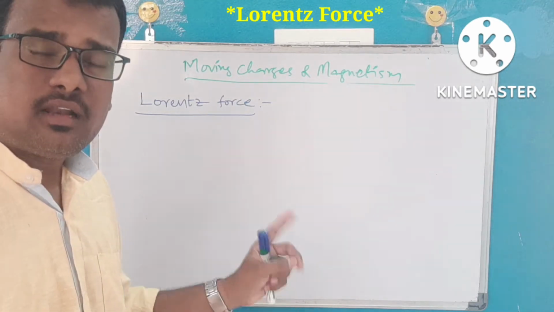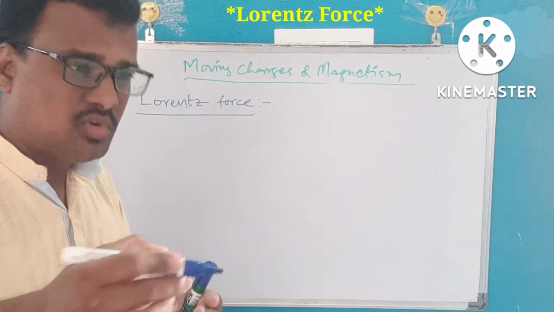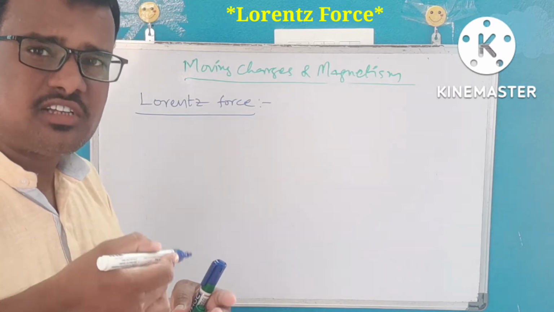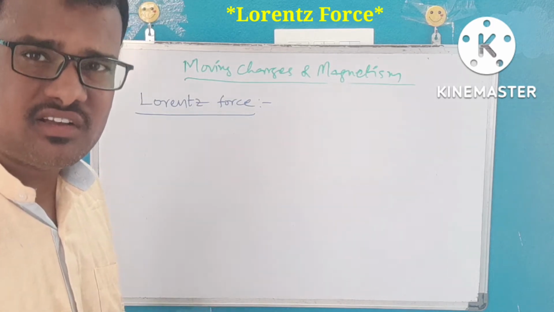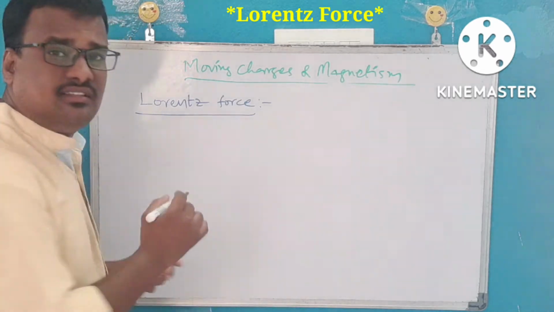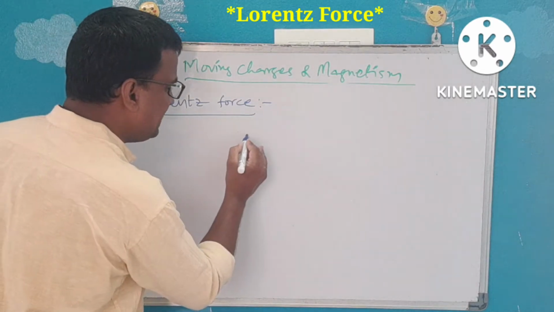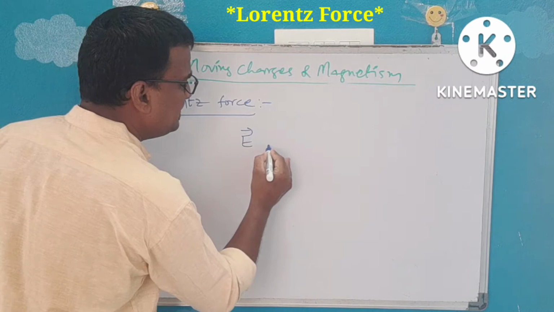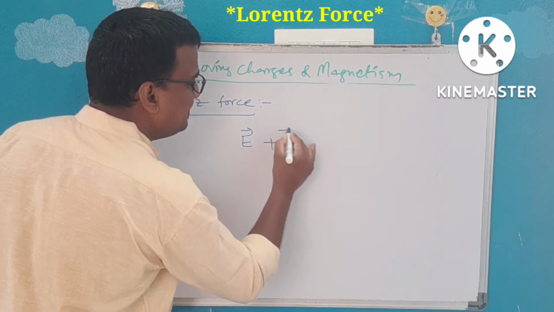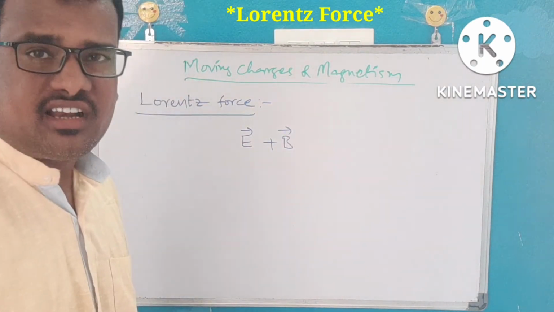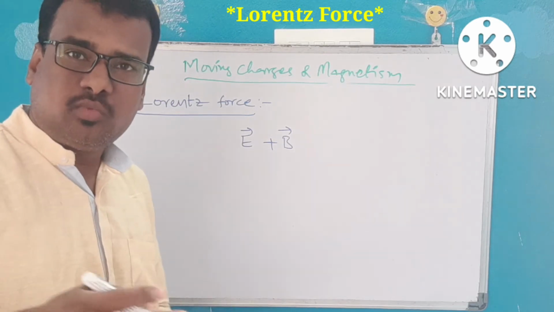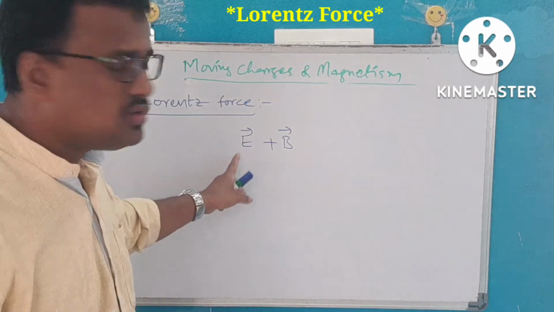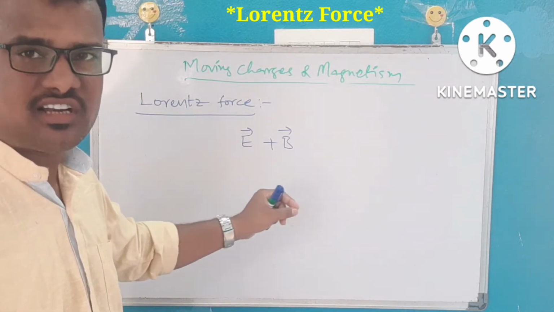If the charged particle is in motion with some velocity, both the electric field and the magnetic field are generated.